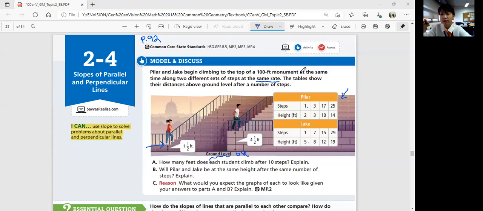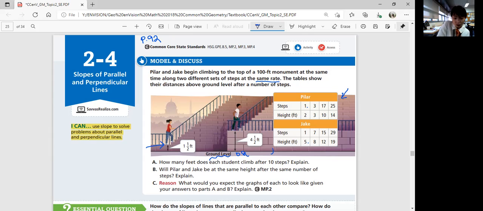So one step for each of them would be equivalent to half a foot, right? And that makes sense because the stairs should be the same height for both of them. So if we talk about 10 steps, it's half a foot times 10. And so that's going to be 5 feet.